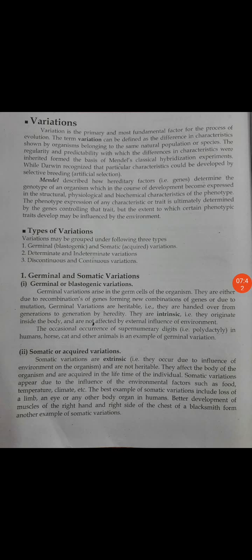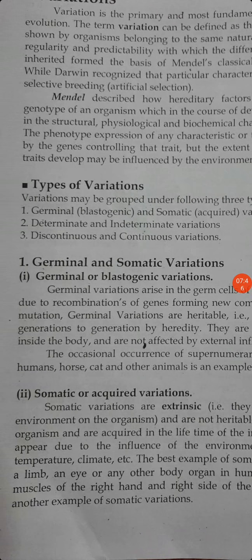Types of variation. Here the variations are germinal and somatic, determinate and indeterminate, and discontinuous and continuous variations. Let's see one by one. Germinal and somatic. Germinal means it begins with the germs, meaning gametes.